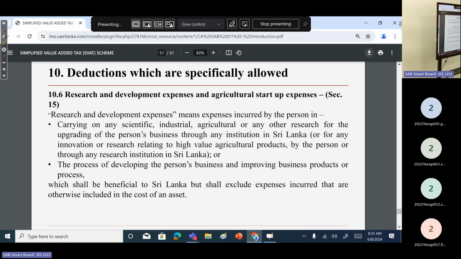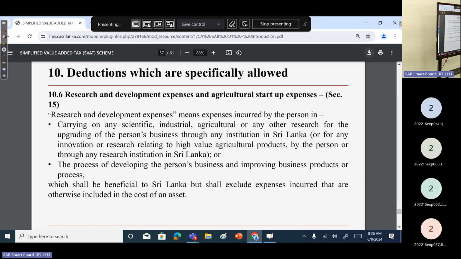Just having done a research doesn't mean we are getting revenue, or that it's supposed to earn revenues, right? So then again that question comes as per section 11. The main deduction says that to deduct that expenditure, it should be incurred in the production of income. There should be income generation from that expenditure.